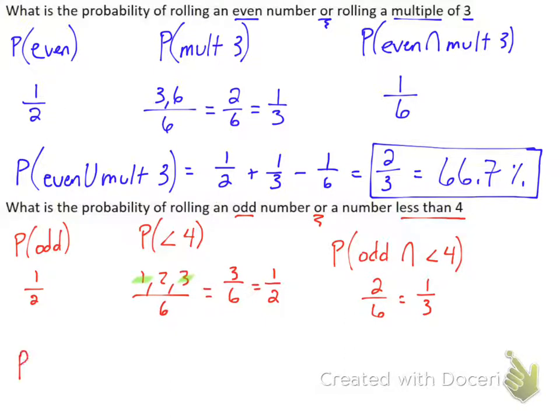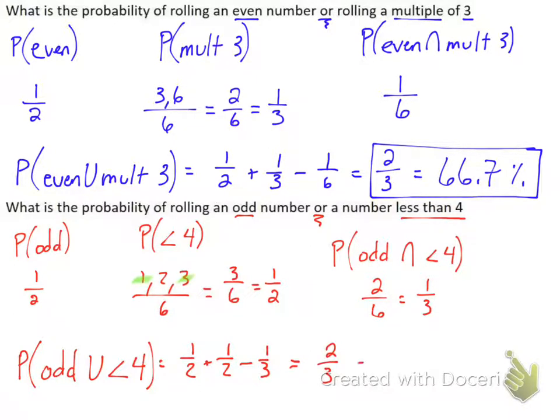So then I can find the probability of an odd number or a number less than 4. And so again, I can do 1/2 plus 1/2, and then minus 1/3. And when I do that, I end up with 2/3, or 66.7%.